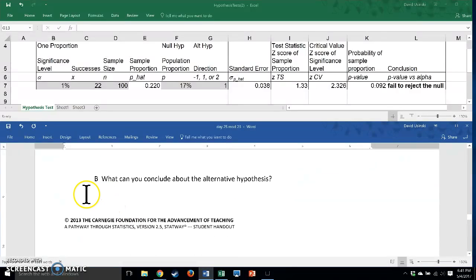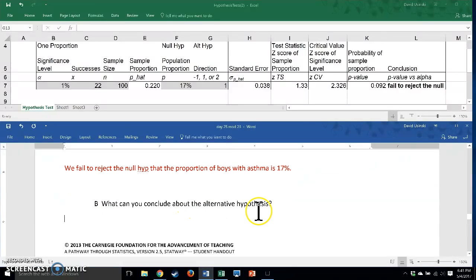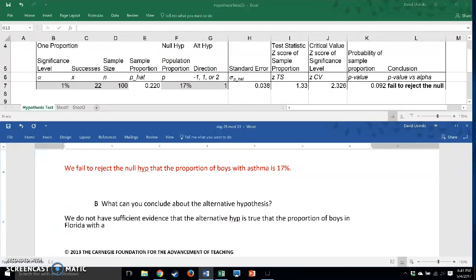What can you conclude about the alternative hypothesis? We do not have sufficient evidence that the alternative hypothesis is true, that the proportion of boys in Florida with asthma is greater than 17%.